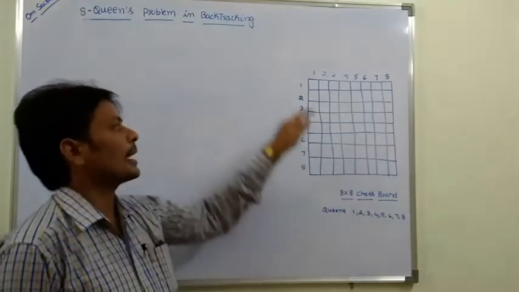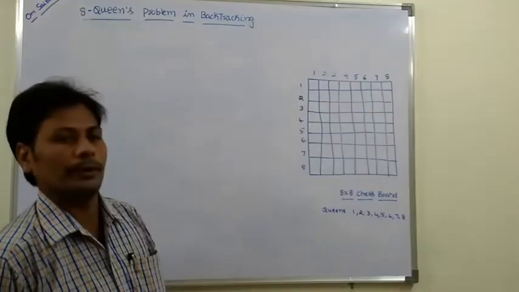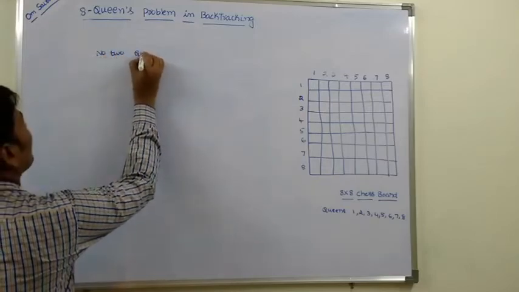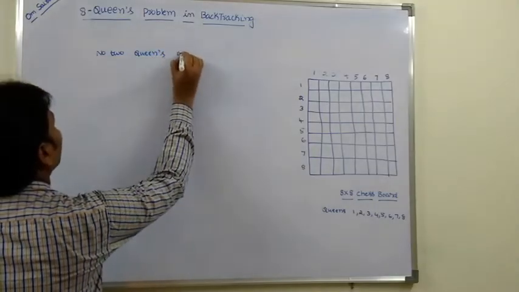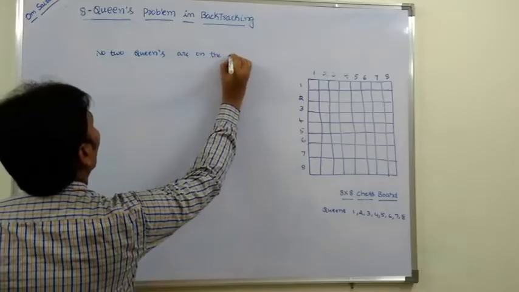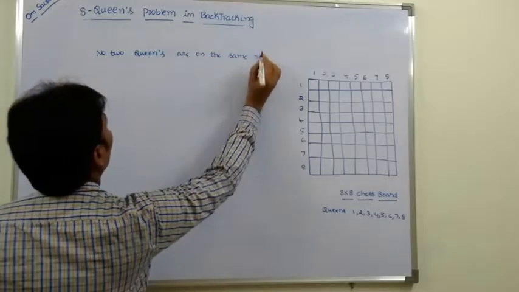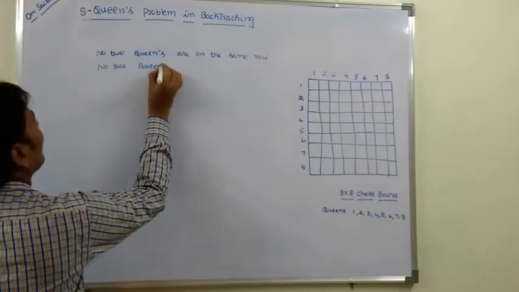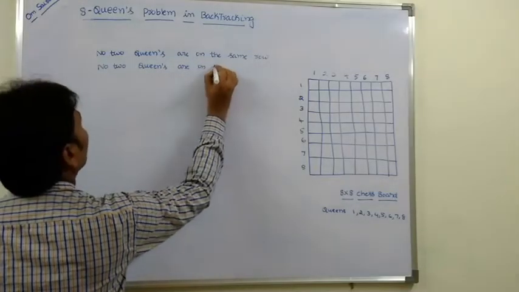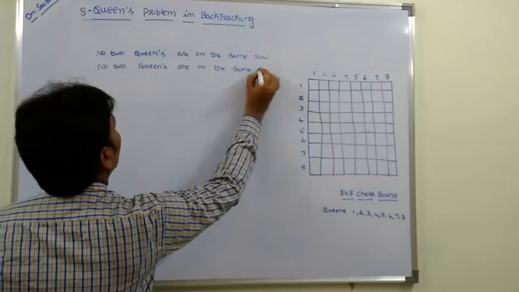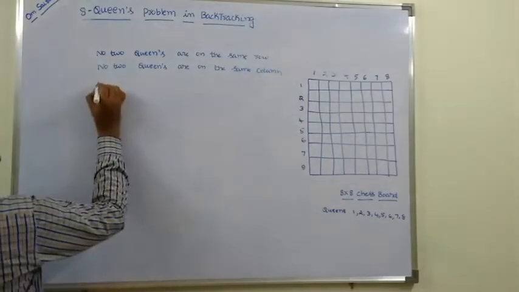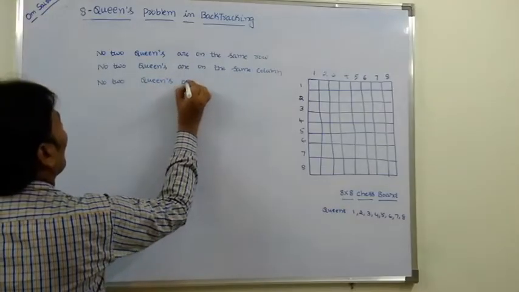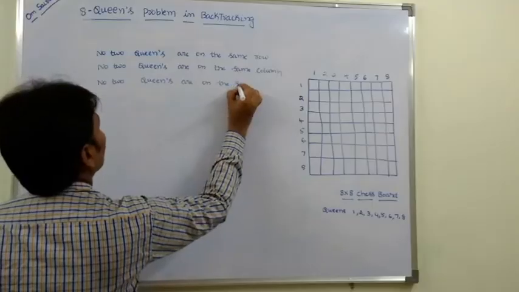These 8 queens can be placed on the 8 by 8 chessboard such that no two queens are on the same row, no two queens are on the same column, and no two queens are on the same diagonal.